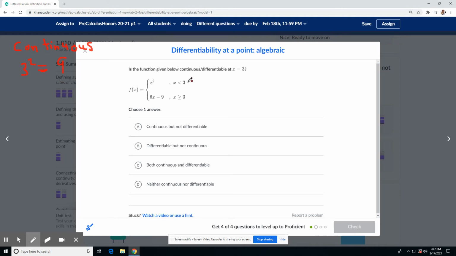So that one equals 9 for the continuous. And then on the bottom, 6 times 3 minus 9 is 18 minus 9, and I got 9 on this one also. 9, continuous. Check.